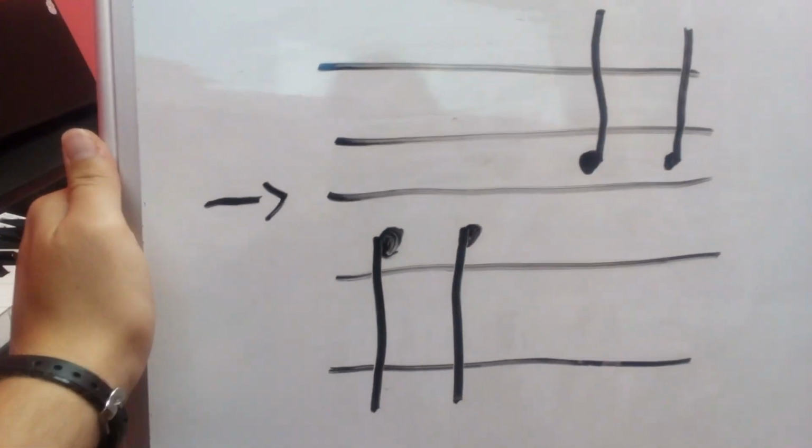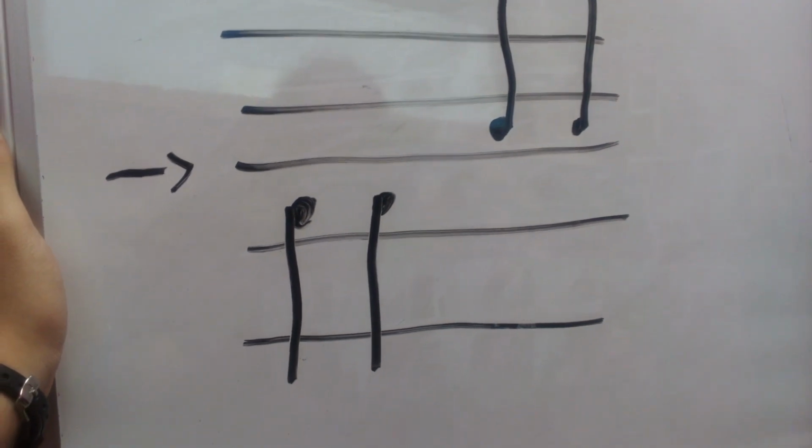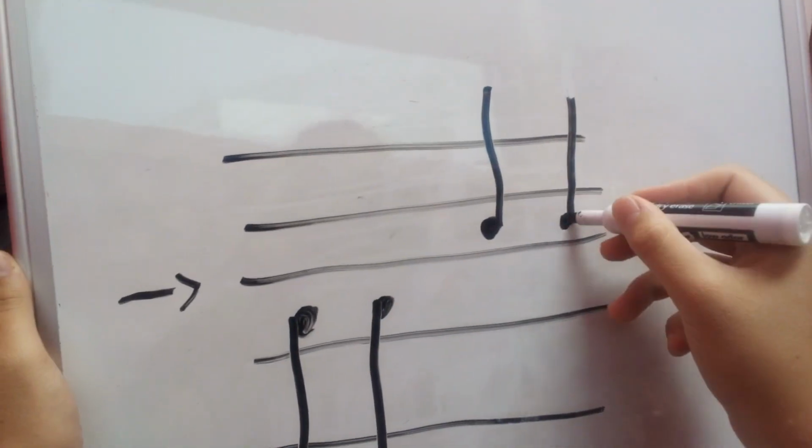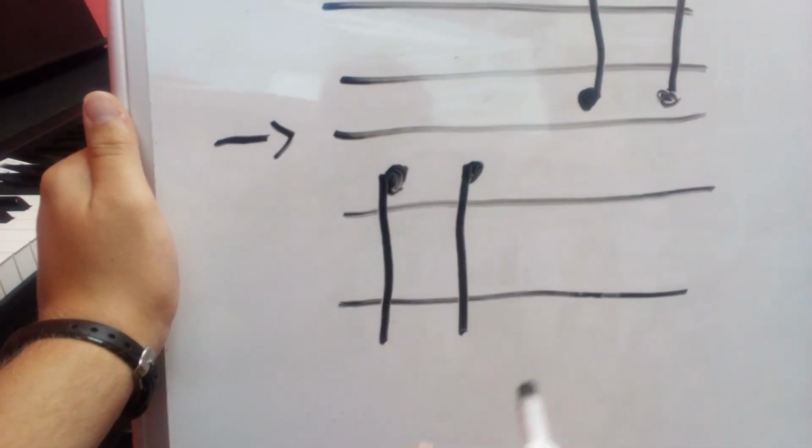Now, I'm sure you might have noticed whenever you were watching this video that when I was demonstrating the notes as is, I was writing them with their little lines sticking up. However, when I've been drawing them on the staff, I've been drawing them with lines down.